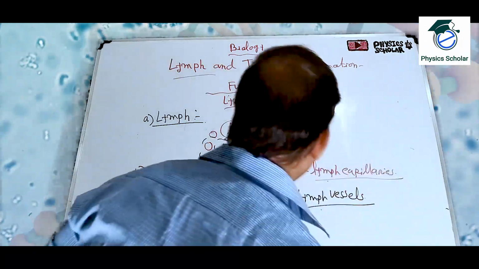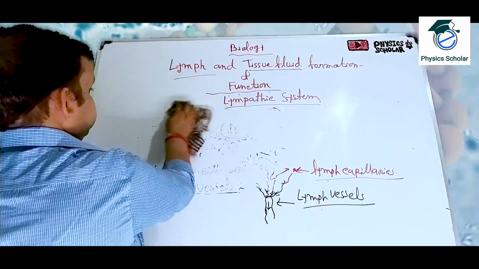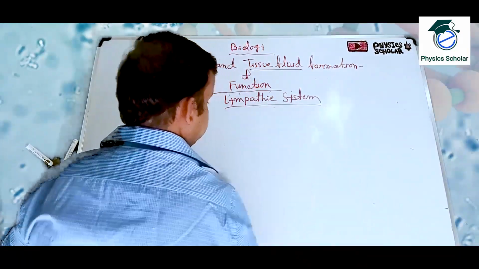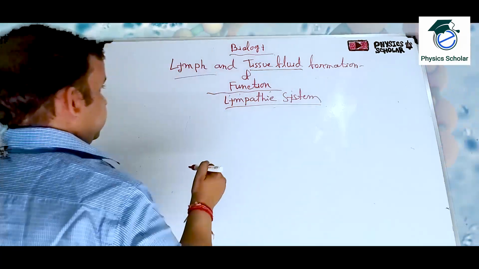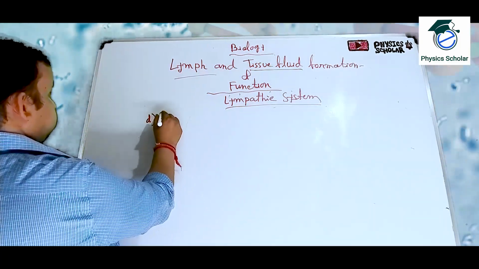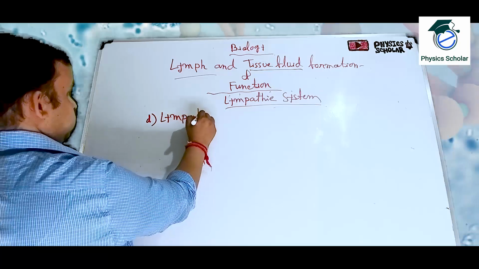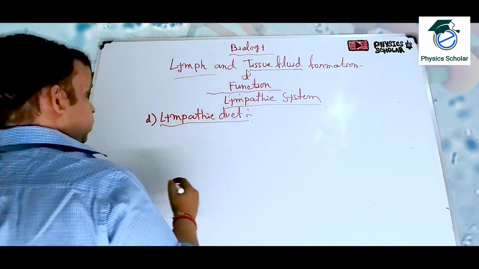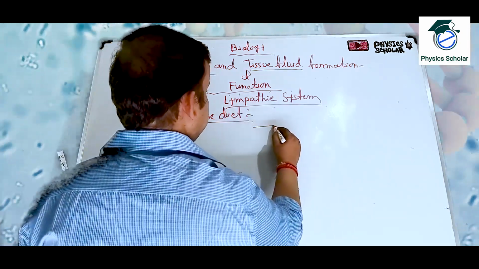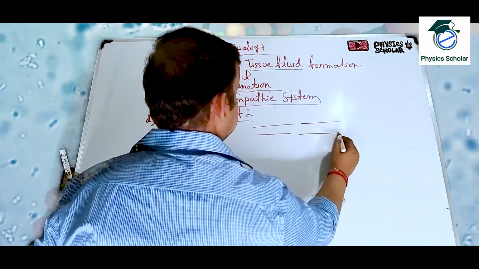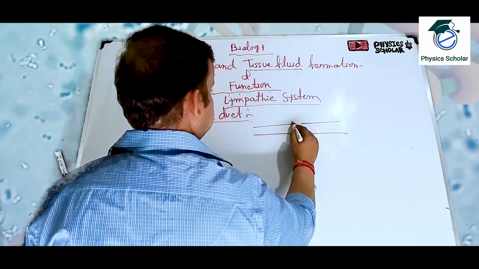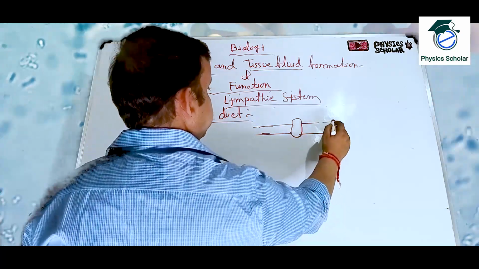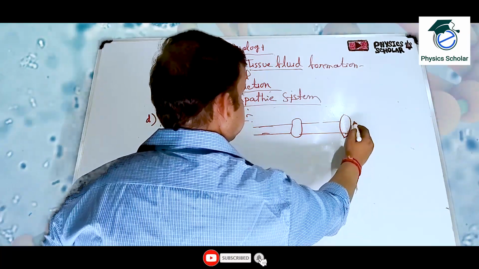So the next one: after the lymph vessel, what is there? Lymph duct or lymphatic duct. Along the length of the lymph vessels, this type of gland we can see.